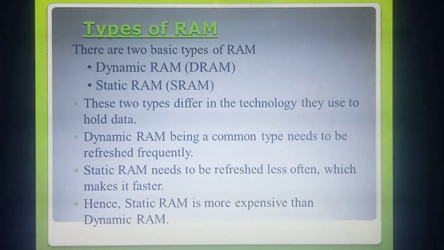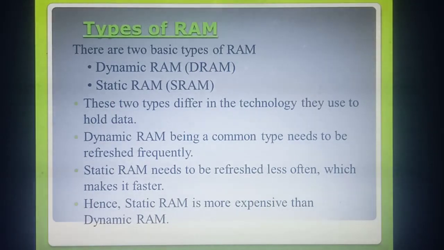Dynamic RAM in short form we can call DRAM. Static RAM in short form we call SRAM. What's the difference between dynamic RAM and static RAM? They differ in the holding or storing of data.